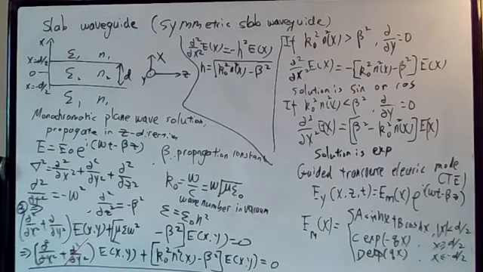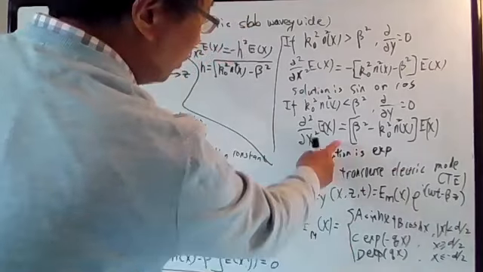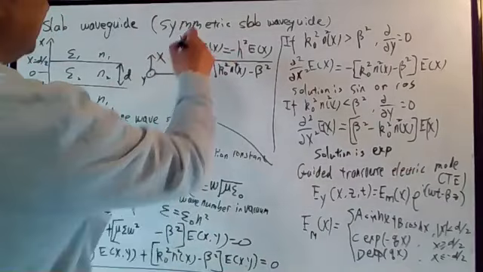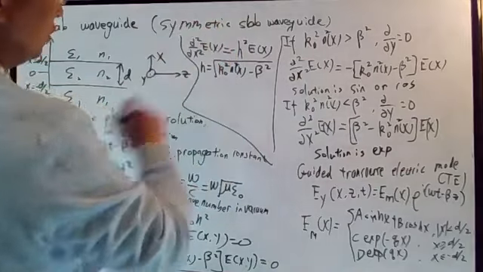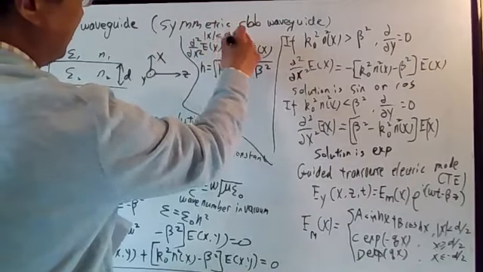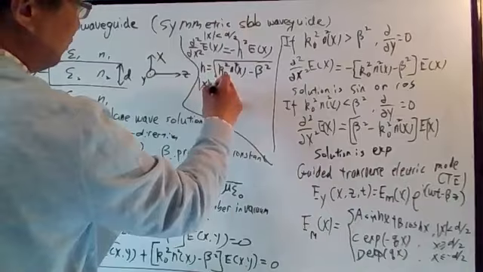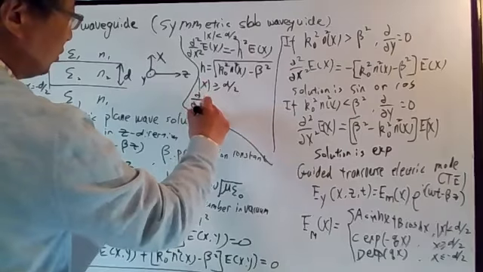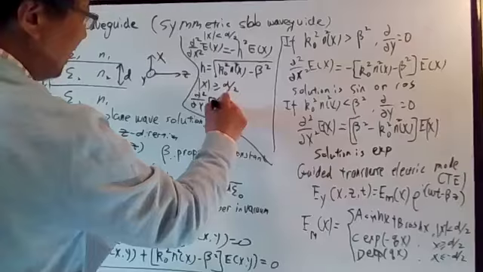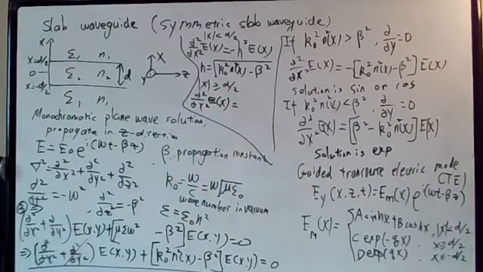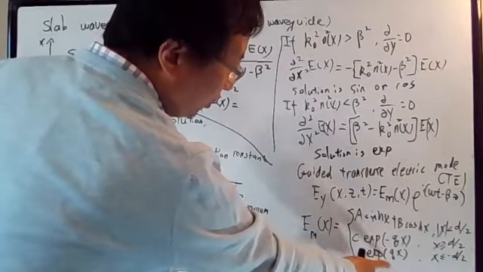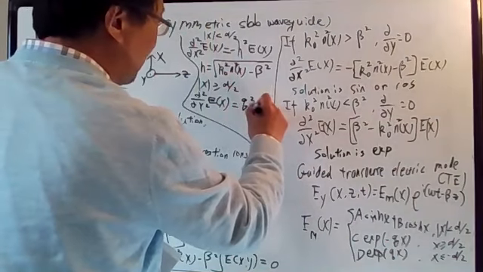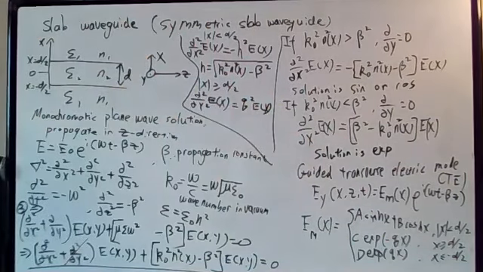And then for the exponential, when the absolute value of x is greater than or equal to d over 2, the second derivative of Ex is going to be, either negative q or q, but when we take the second derivative, it's going to be q squared Ex.